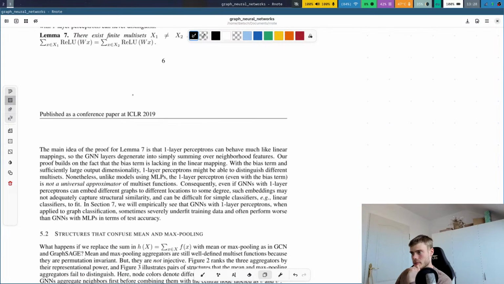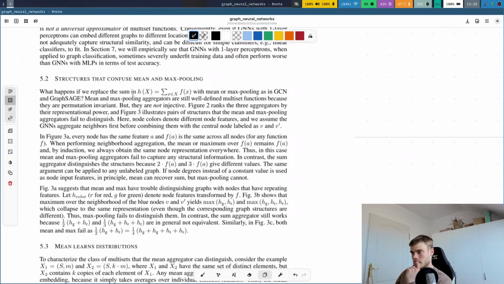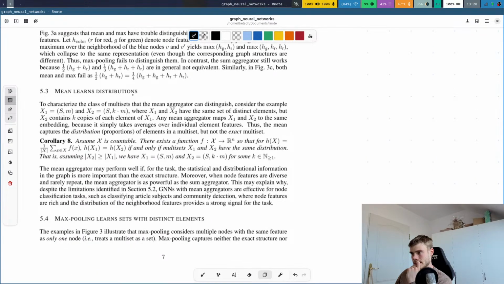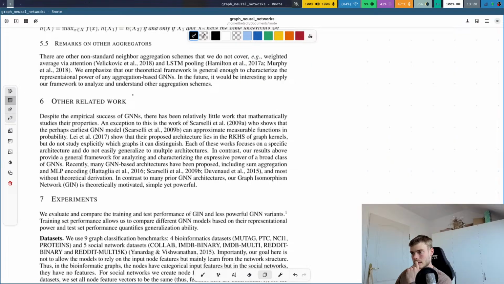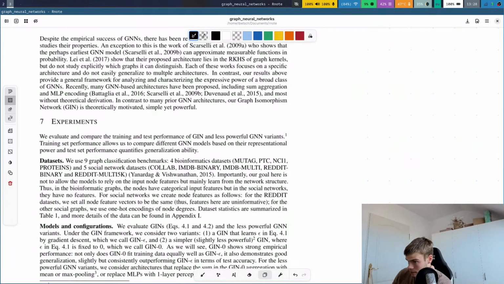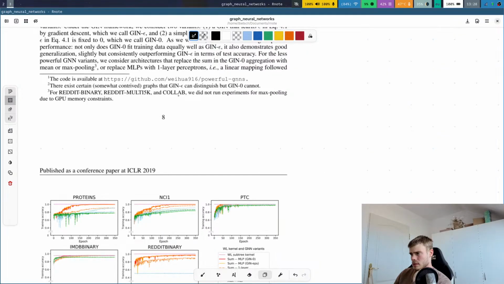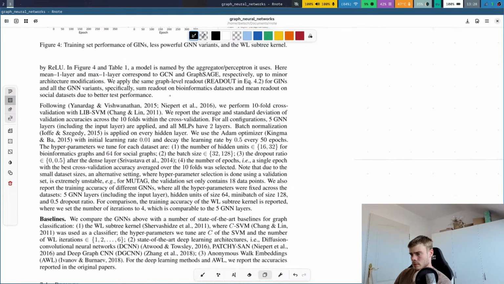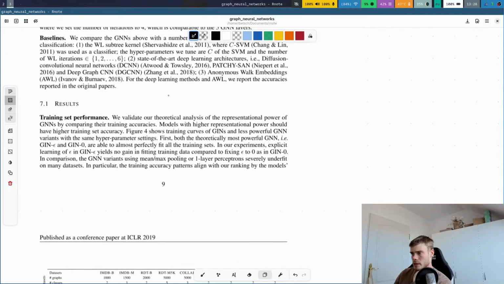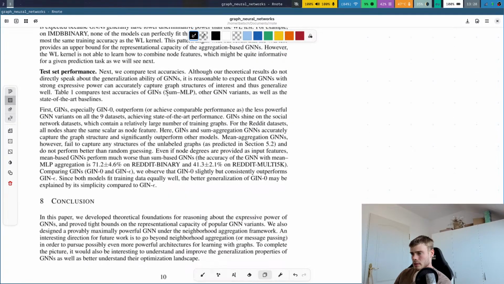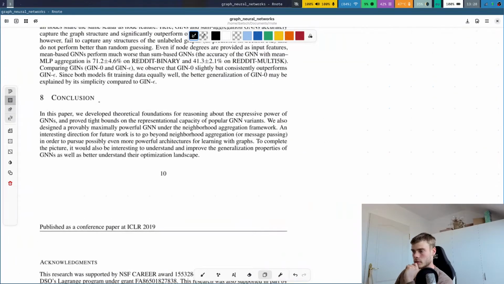Okay, then some other things. Mean and max pooling. And other related work, okay. Then they have their experiments. They have a baseline, they have theirs probably. Then they have the conclusion. So let's read the conclusion.